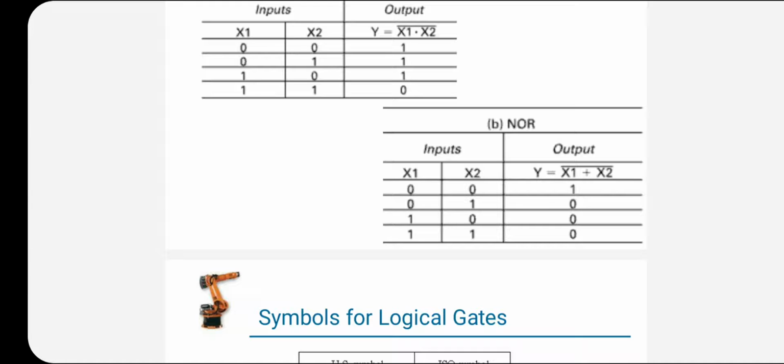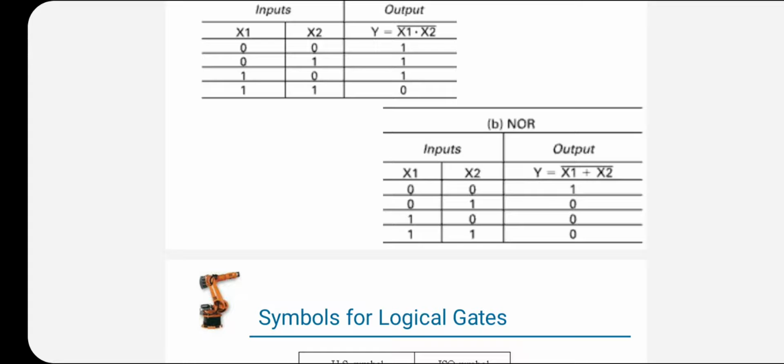Then second, x1 is 0, x2 is 1, so either of x1 and x2 is 1, so OR result is 1. For NOR it is reverse of OR, that is 0. Okay, similarly the third row, x1 value is 1, x2 value is 0, so OR result is 1.